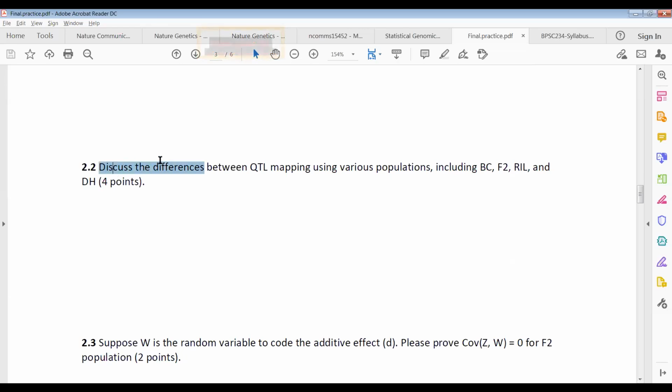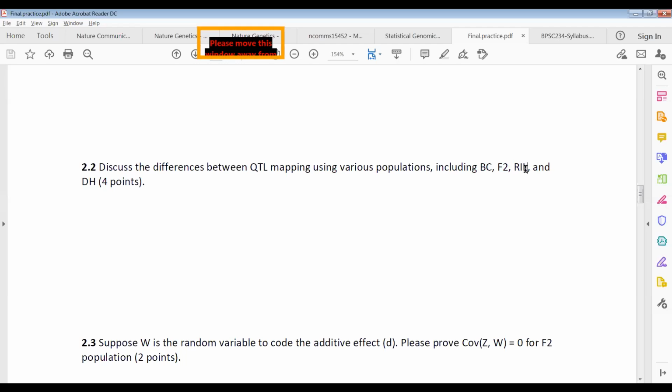All right, so discuss the difference between QTL mapping using different populations, including these 4. We have talked about this before, right? The backcross is not as efficient as F2. Why is that? Because it has a small variance. Yes. F2 has more information because we have 3 genotypes, and the variance of Z is larger, so this design is more efficient than backcross.